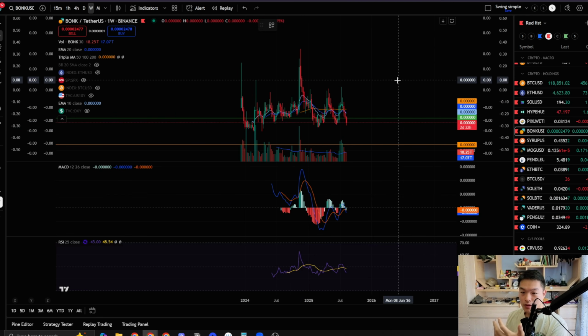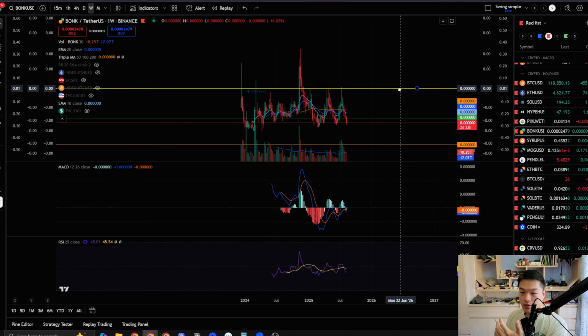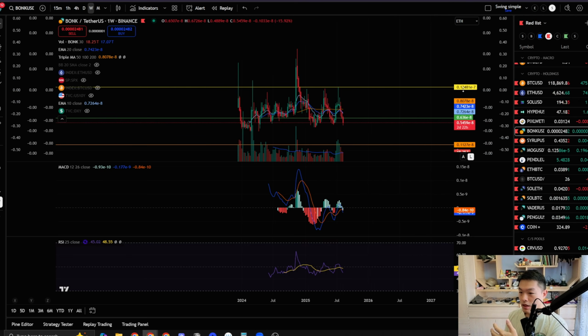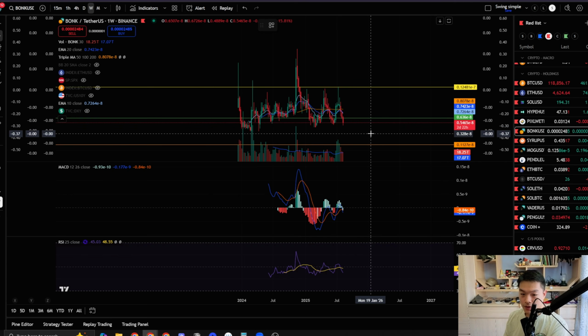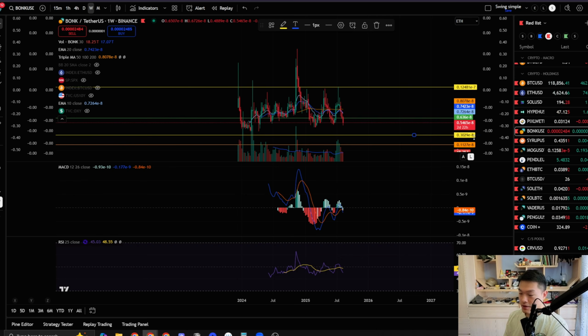But if I want to prioritize APR, I still want to be looking at the weekly chart. Maybe my top range is here at this 0.125 E minus 7. And then if I want to have a little bit more safety here on the bottom side, the range could be around 0.3, but it's E minus 8, right? So this could be a tighter range strategy if I'm trying to squeeze the range a little bit.